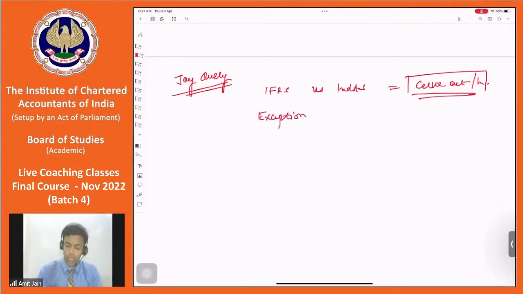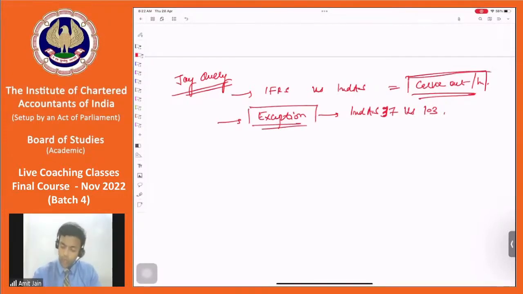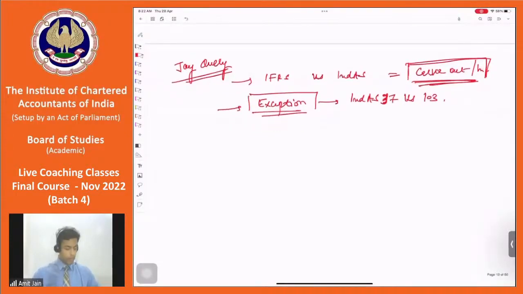The standard has used the word exception here, for the difference between Ind AS 37 versus 103. Here we should use the word exception, not carve out. Are we clear, guys? Yes or no?